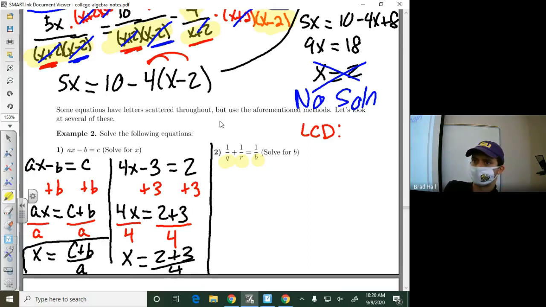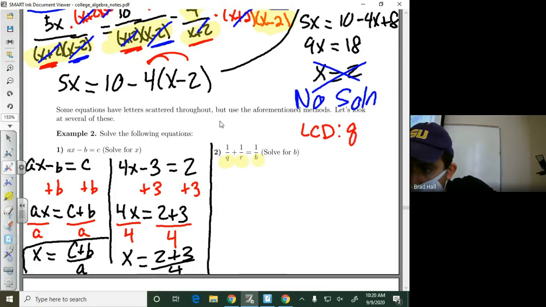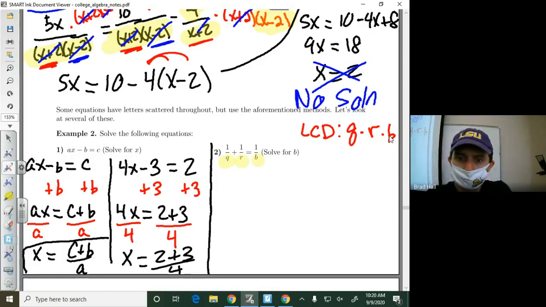So remember how we treated those before. For each denominator, we need to reserve a spot in the LCD for it. So I see a Q, so I'm going to put Q here, times, I see an R, and I see a B. So QRB, or Q times R times B, because I need each letter for each denominator.